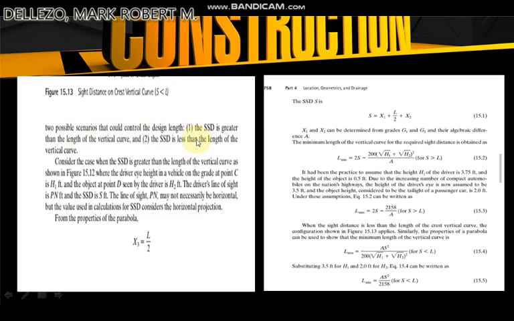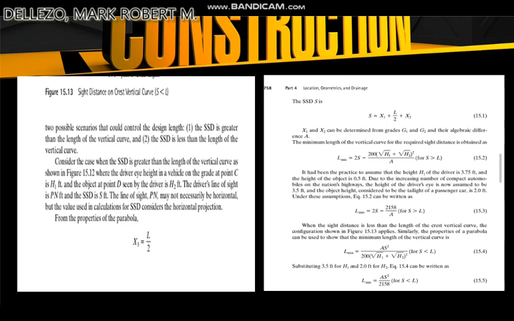Number one is the SSD is greater than the length of the vertical curve. The second is the SSD is less than the length of the vertical curve. You can see these two possible scenarios in figure 15.12 and figure 15.13.